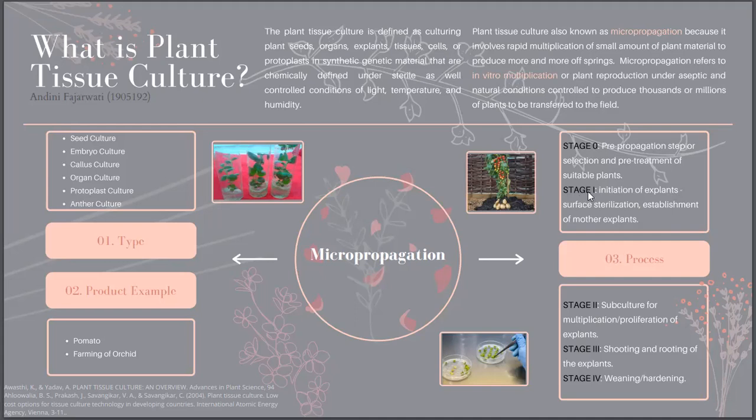The second stage is stage 1 or initiation of explant: surface sterilization, establishment of mother explant. In this process, when we have already chosen the best plant that we would like to multiply, we choose the part of the plant, which is called the explant.